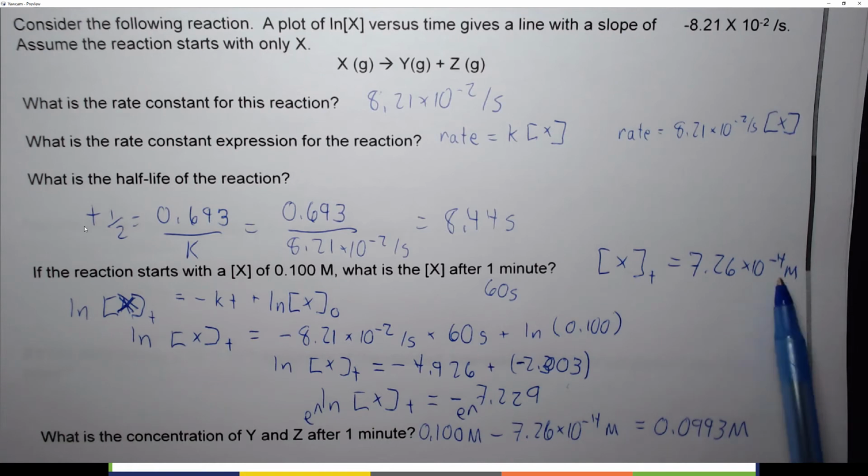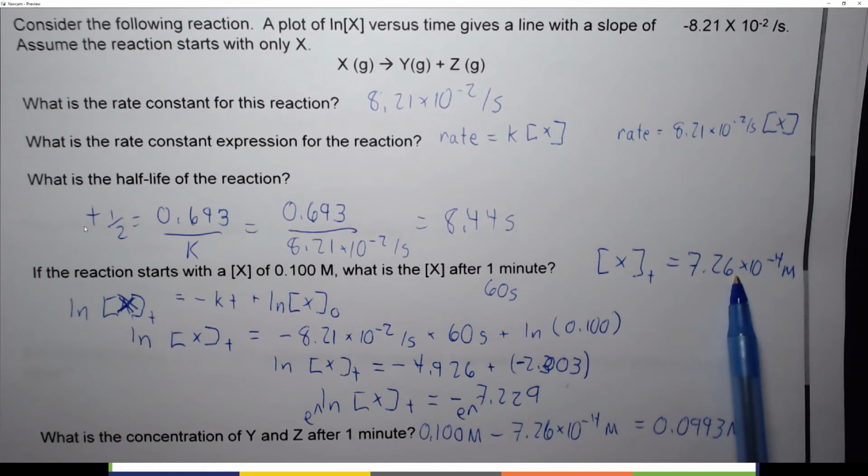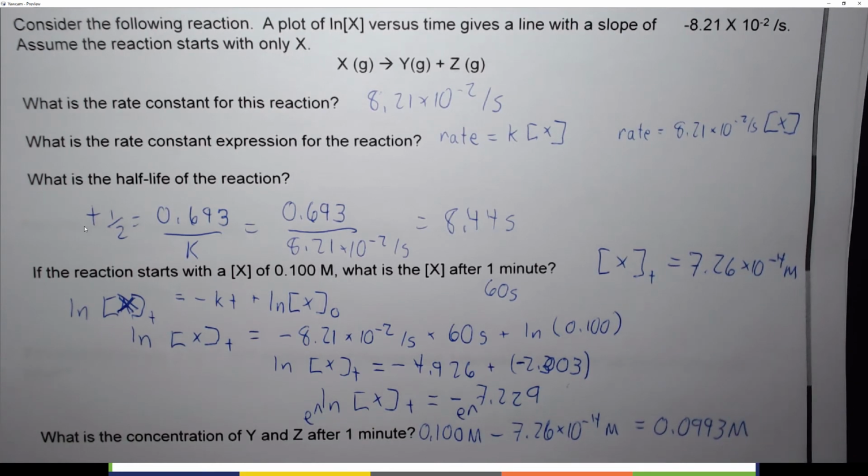Since there's a little bit of X left after 1 minute, not all of it has been turned into Y and Z.